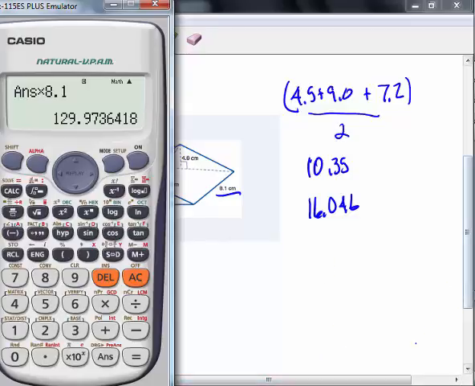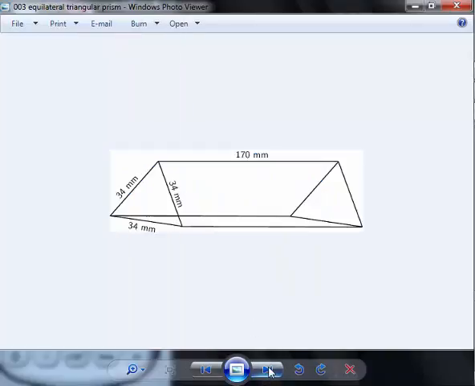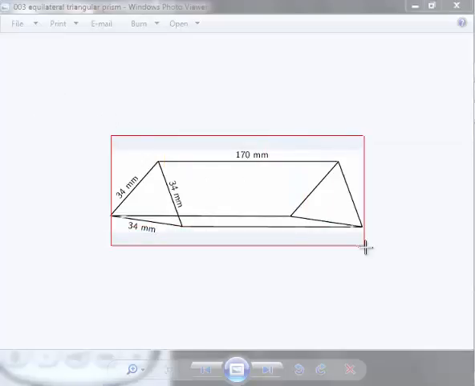Next one is this one, which is like number 4B: find the lateral area and total area and volume. So we've got all 3 of those things to find for this prism.